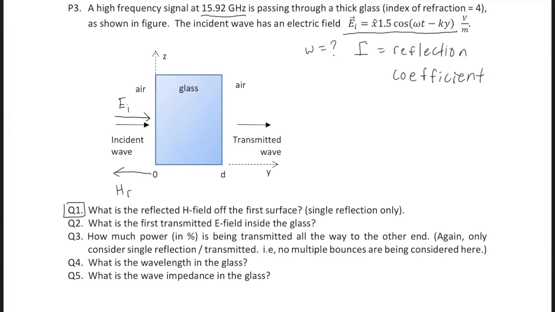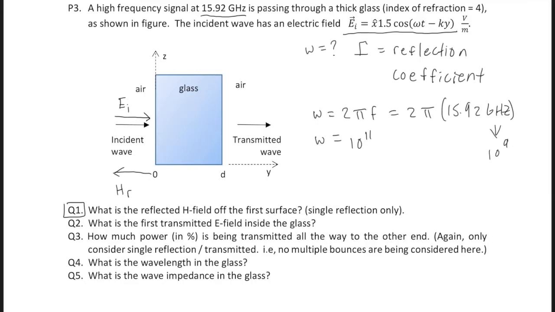All right? So to solve for omega, we can say omega is equal to 2 pi f, which gives us 2 pi times 15.92 gigahertz. Gigahertz is 10 to the 9, so we just denote that as 10 to the 9. And we get an omega of 10 to the 11.